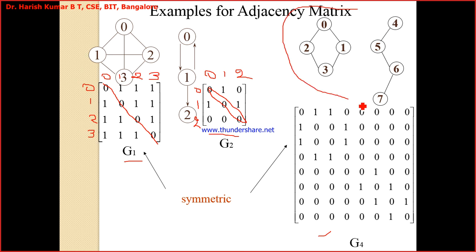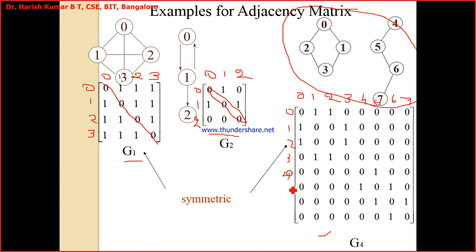Similarly, we have the adjacency matrix written for the graph G4, which is a disconnected graph. So this is 0, 1, 2, 3, 4, 5, 6, 7, and similarly 0 to 7 here.